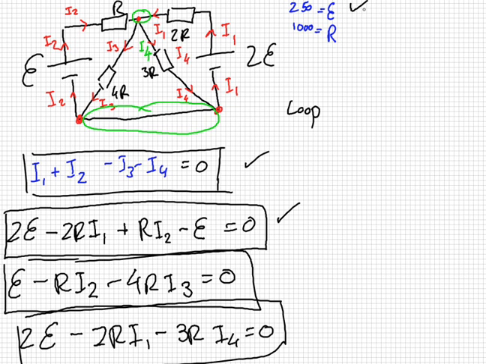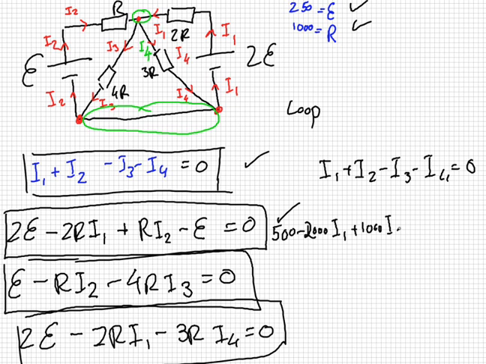Now you know the E and the R, so this is actually I1 plus I2 minus I3 minus I4 equals 0. This is 500 minus 2000 I1 plus, I need more space. Yes, of course, divide by 500. 500 minus 1000 I1 plus, no, 2000 plus 1000 I2 minus 250 equals 0.